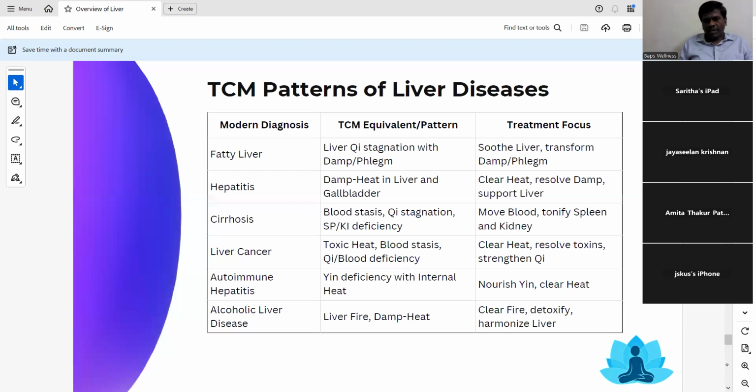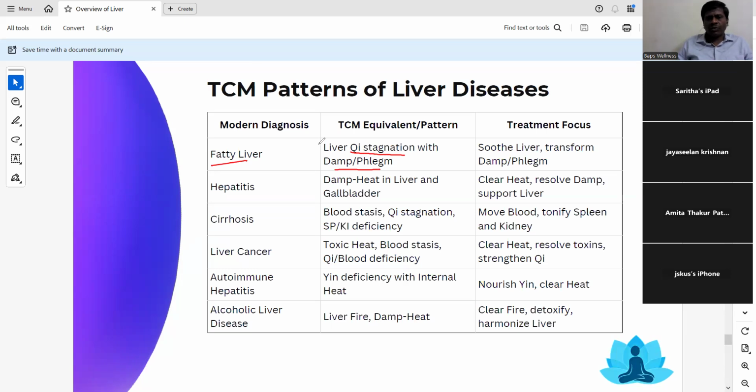So to summarize, with each condition. The fatty liver is on account of chi stagnation with damp or phlegm as per TCM.